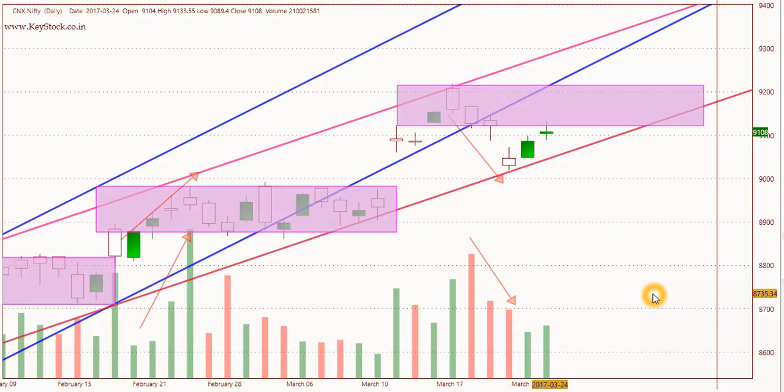I believe that any visit to sub 8,900 to 8,800 is a good investment opportunity for accumulation of good stocks. I believe this retracement will be healthy for markets to recoup and gather the momentum for bigger up moves.